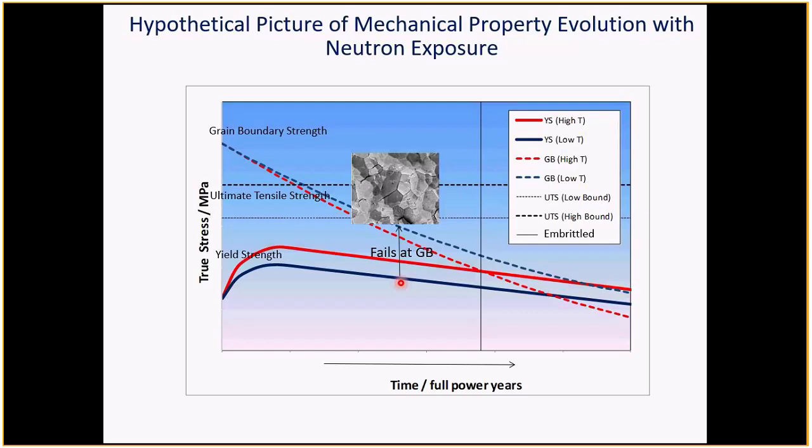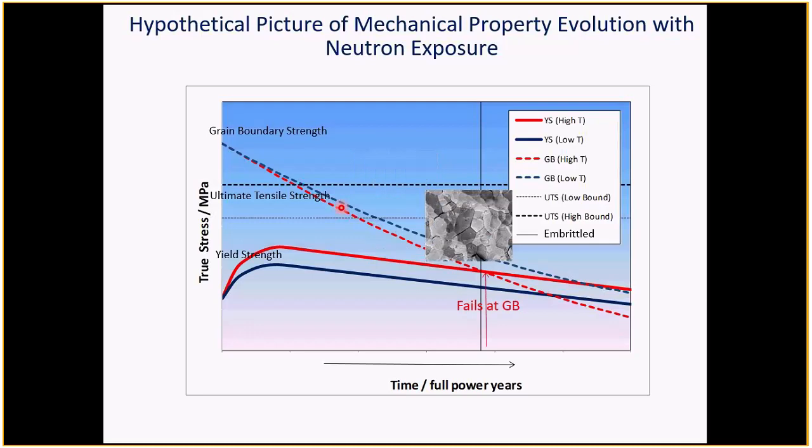again, the material yields at the yield point, and then it fails. But we don't get to the point of what would normally be the ultimate tensile strength. It fails at the grain boundary because the grain boundary strength is dropping. And why is it dropping? It's because we keep decorating it with helium, perforating it with helium bubbles. And this is the point of concern: do we just get to a point where the material just fails?